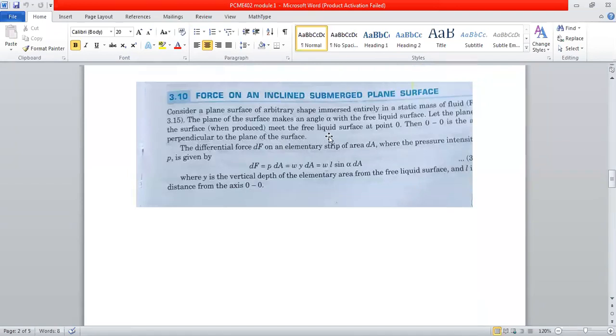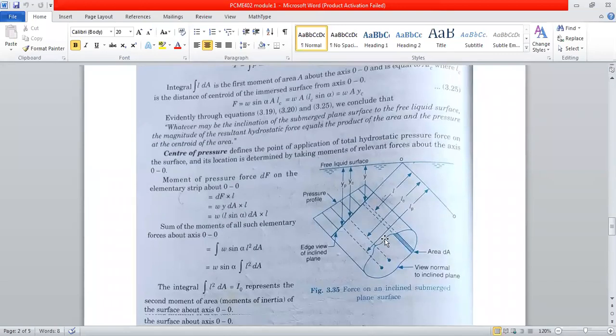So the differential force dF, that means the force on the elementary strip, that is the area dA. In the object, we consider the elementary strip, that is dA.